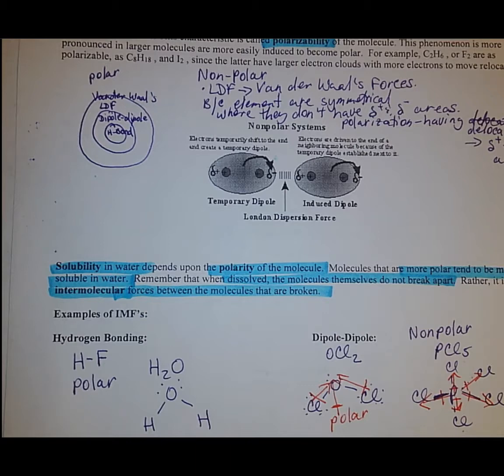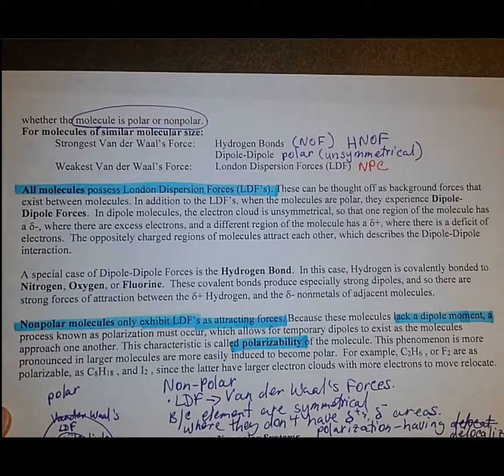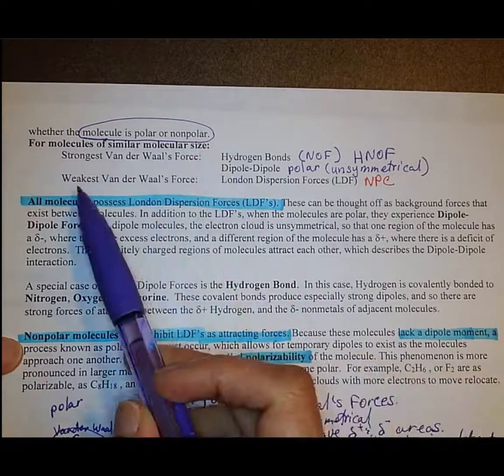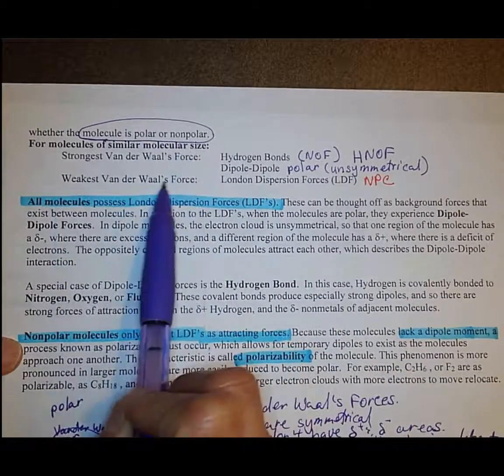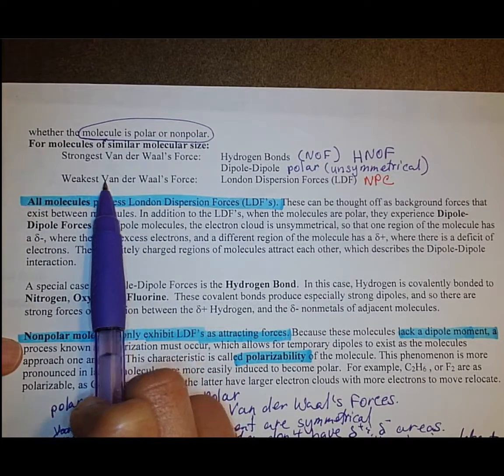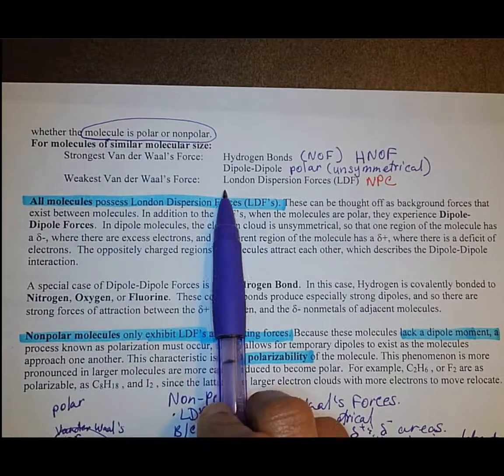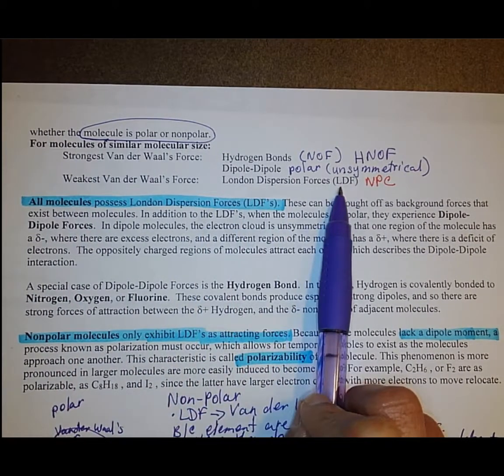Remember the types of intermolecular forces that you have. Everything is really a van der Waals force, and the background force that we have is really called the dispersion force for everything.